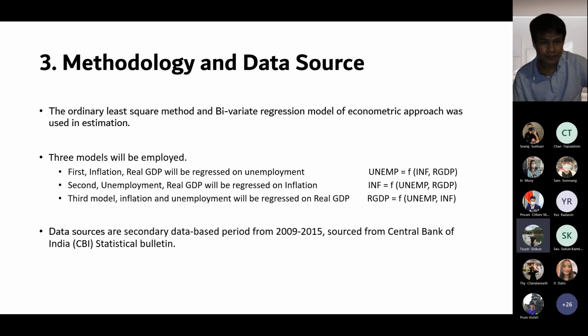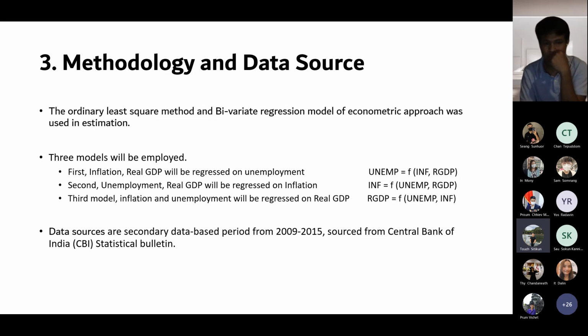The bivariate regression model is a study of associations, used to test whether there is a relationship between two variables with statistical analysis, and also to study empirically the relationship between unemployment and inflation in the Indian economy.